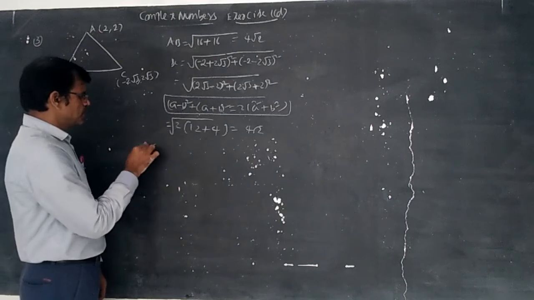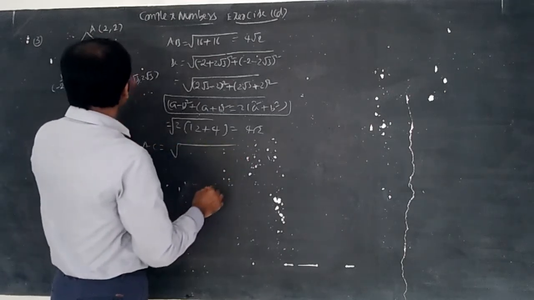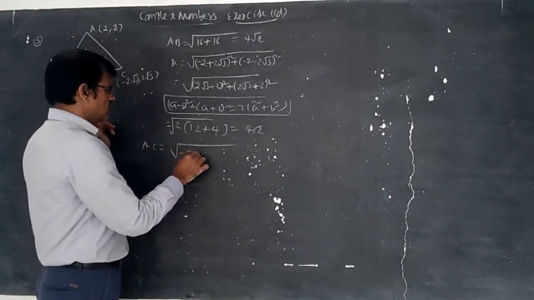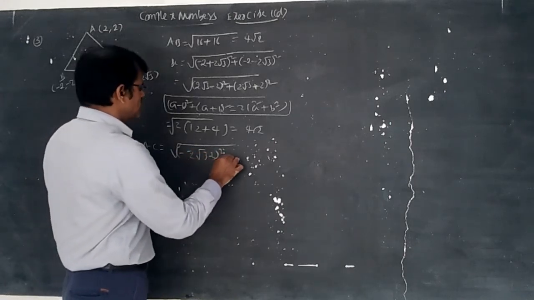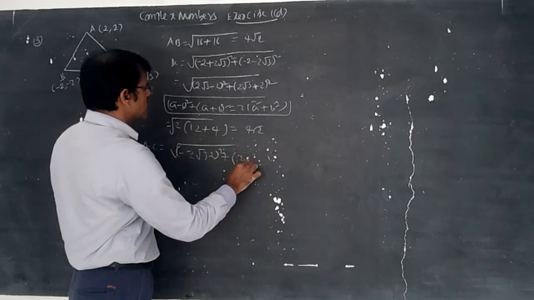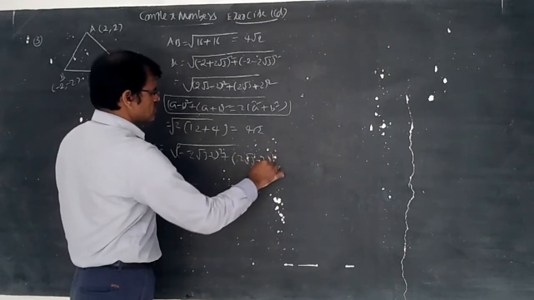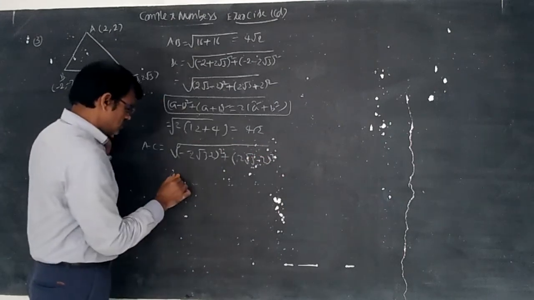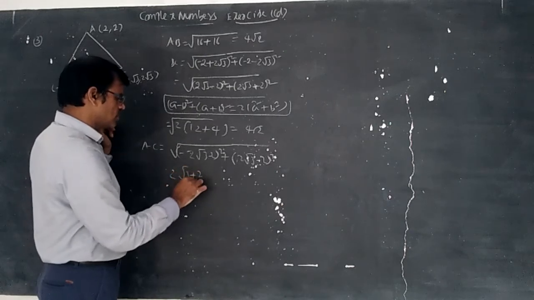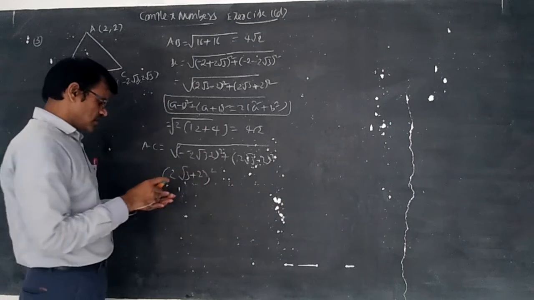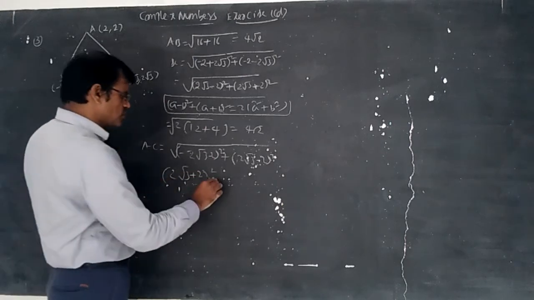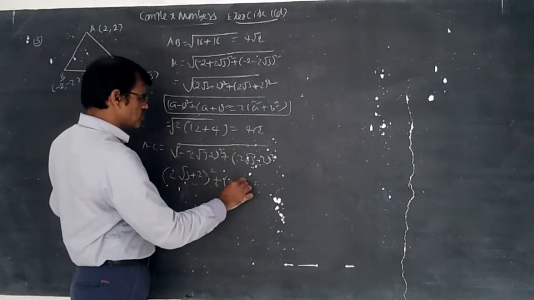Now AC is equal to root of the same concept: (minus 2 root 3 minus 2) whole square plus (2 root 3 minus 2) whole square. In a similar way, taking minus common, it becomes (2 root 3 plus 2) whole square plus (2 root 3 minus 2) whole square.